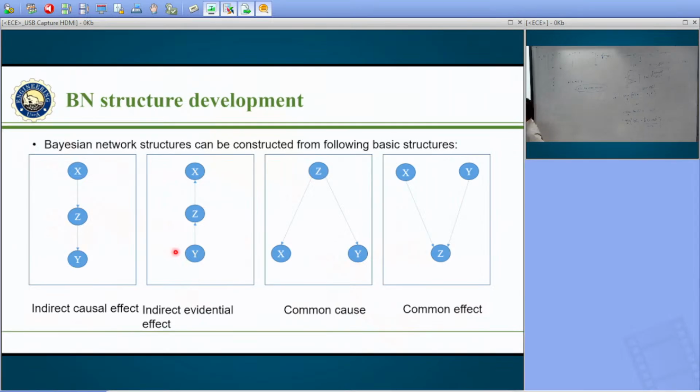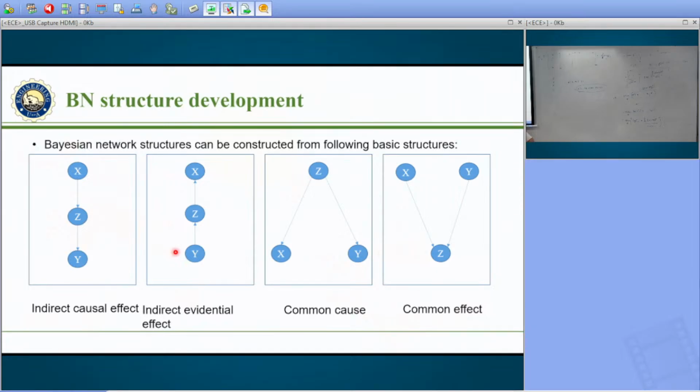Let's look at the independency here. For the common cause, where Z is affecting both X and Y, I wanted to study whether Y and X are independent or dependent.